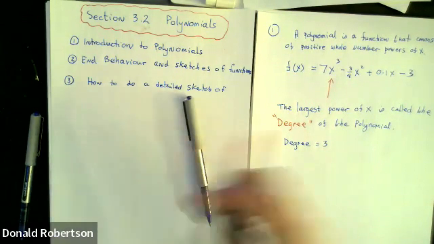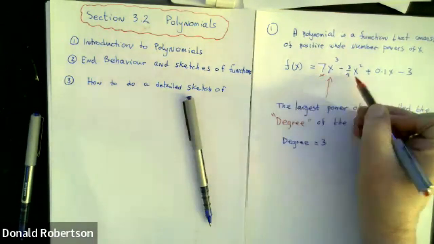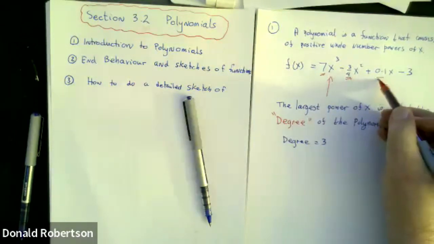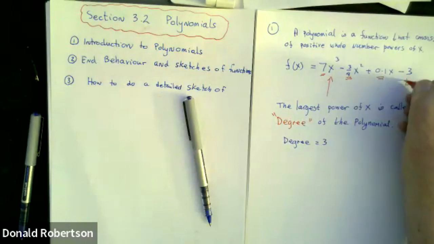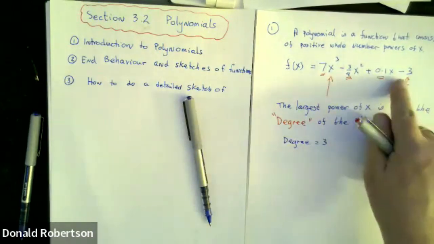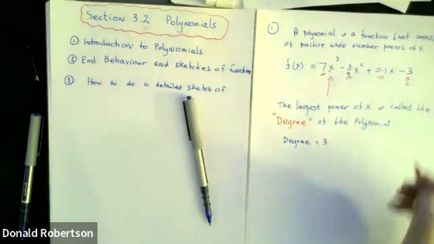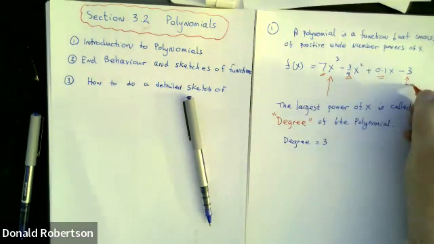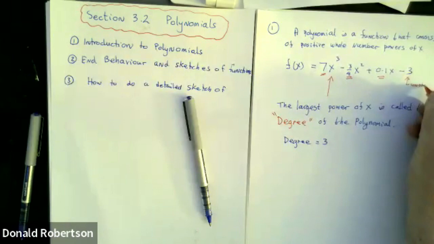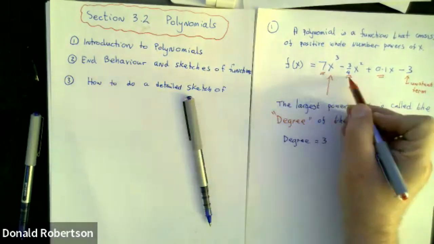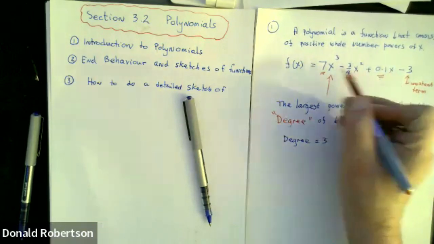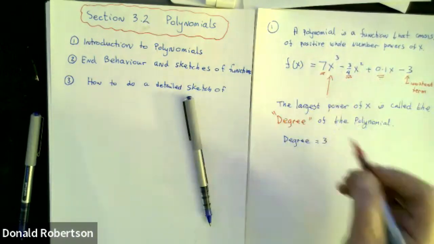Now, these numbers at the front of various powers of x, and this one here, they have names. Let's do this one first. Sometimes a polynomial may finish with a +2, a -0.5, and so on. In this case, it's -3. We call that number the constant term. The numbers associated with a particular power of x, we call the coefficients.